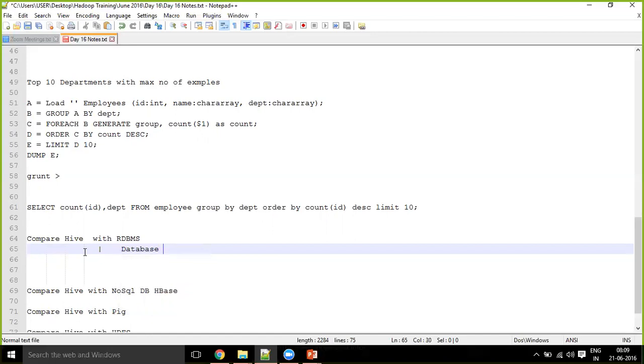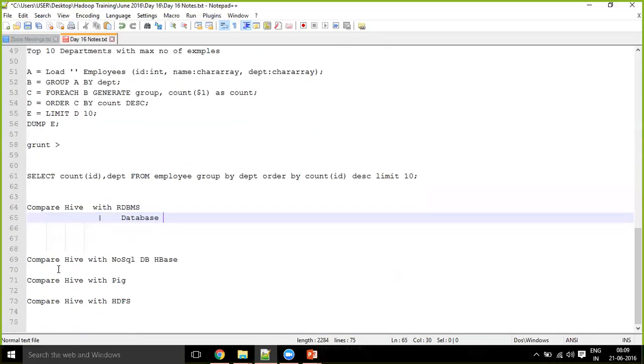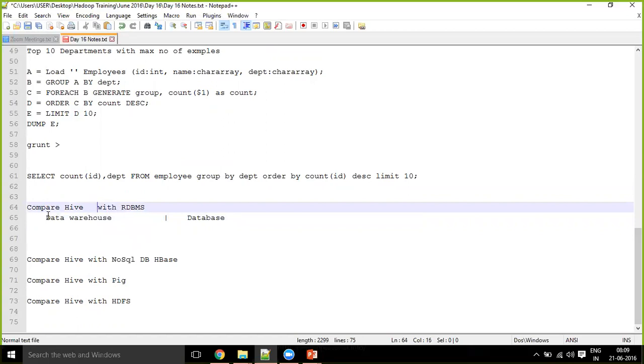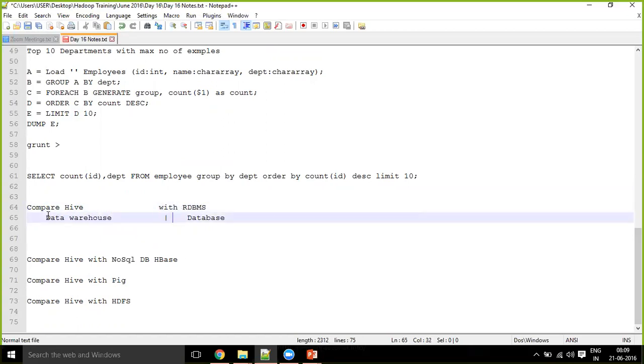And again, I don't need to explicitly tell all these differences. Hive cannot be used as a database. It's a data warehouse only. Your RDBMS can be used both as a database and a data warehouse. So one Oracle server can be used as a database, and another Oracle server can be maintained only to store the historical data as a data warehouse.